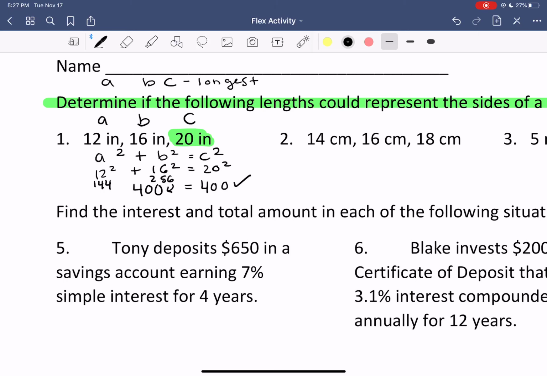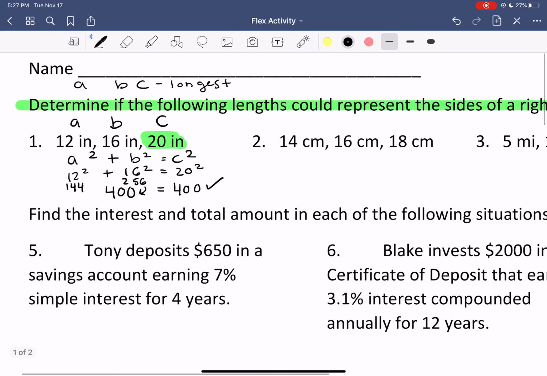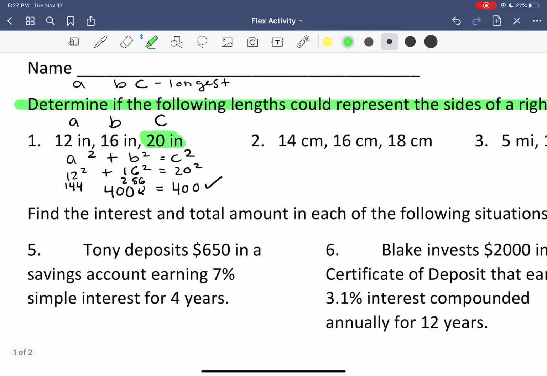Looking at number 2, we have to identify our largest. The largest is always C. So we take our formula, A squared plus B squared equals C squared.